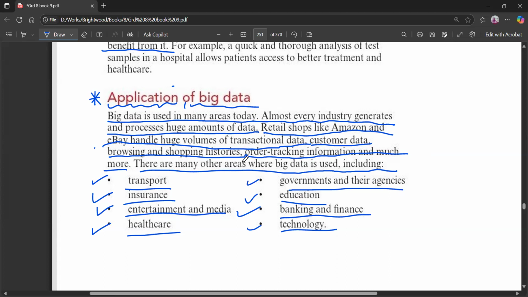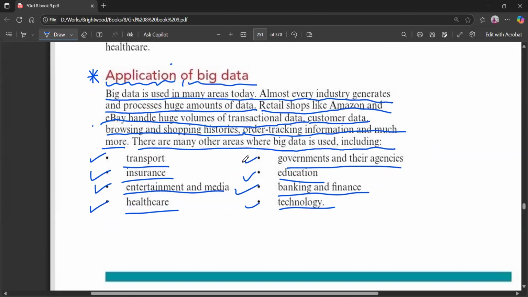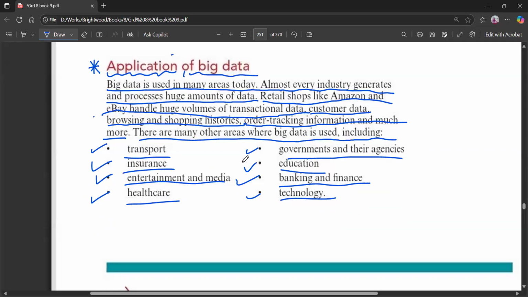Areas include transport, insurance, entertainment and media, healthcare, government and its agencies, education, banking and finance, and technology. All of them mostly use big data right now.